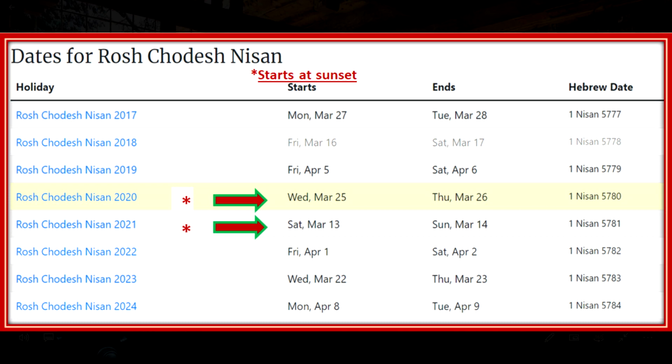We see that here with these 2 red arrows, and we also see these 2 asterisks. If we look at the top, it means it started at sunset on the 25th and on March the 13th. So their first day of Nisan would actually have been March the 26th and March the 14th. Let's keep that in mind, because God's days start at sunset.